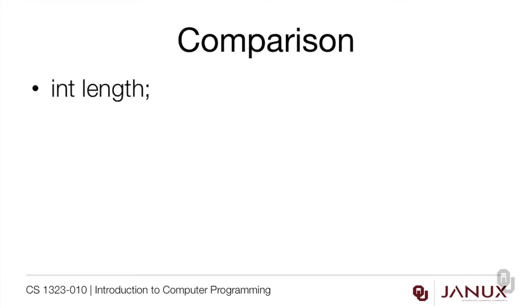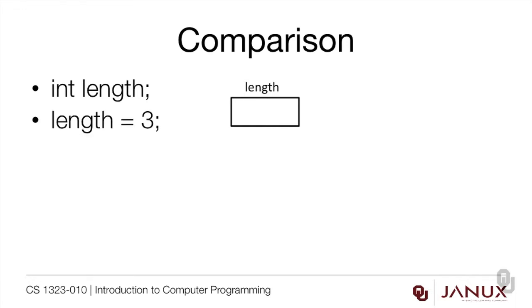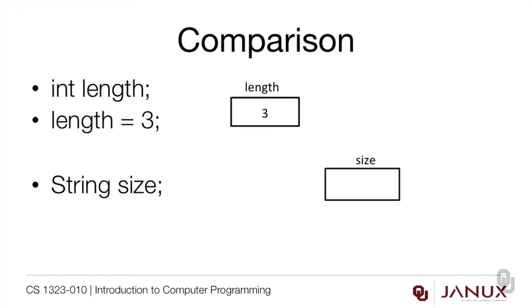So let's make a comparison. When we have int length, this is what it looks like. Now int is a primitive data type, so we're not going to have any arrows coming out of this box. When we say length equals 3, 3 goes in the box right there. With a string, on the other hand, we'll say String size. Now that creates a reference called size.